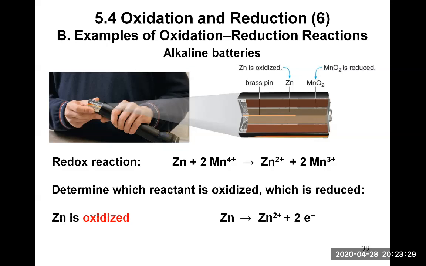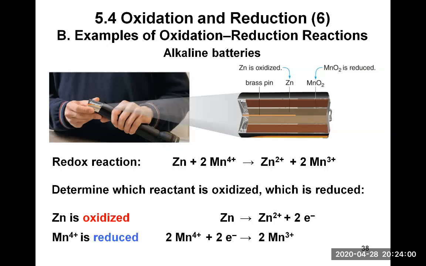Zinc is oxidized because zinc starts from the neutral state, its elemental state, and becomes zinc 2+ with oxidation state 2+. And so it lost those 2 electrons. That's why now we have 2 positive charges on zinc, because we have 2 protons that are not canceled out anymore. And those 2 electrons will be gained by manganese 4+.